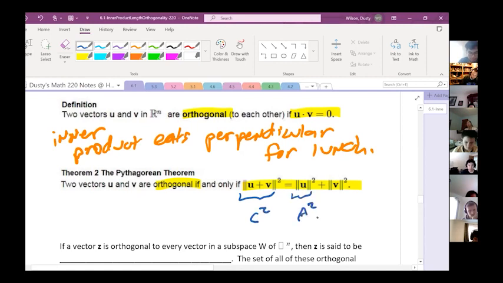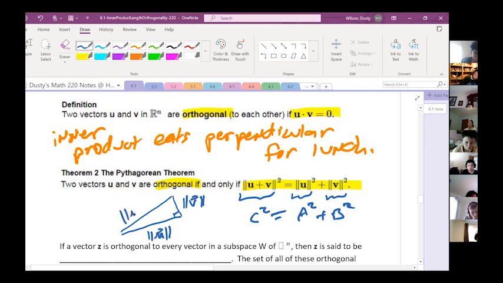Here's your a squared, and here's your b squared. So this would be like saying the magnitude of u, the magnitude of v, and this would be the magnitude of u plus v.